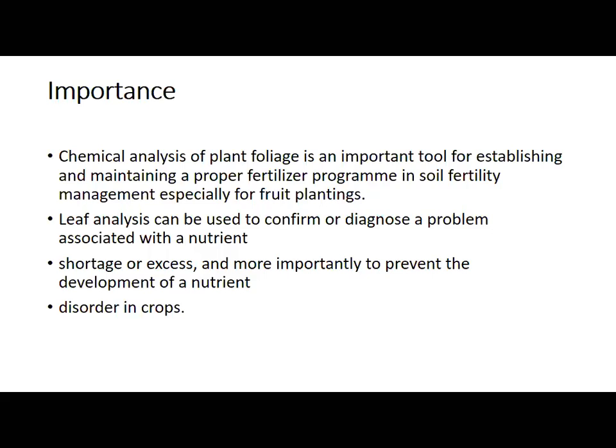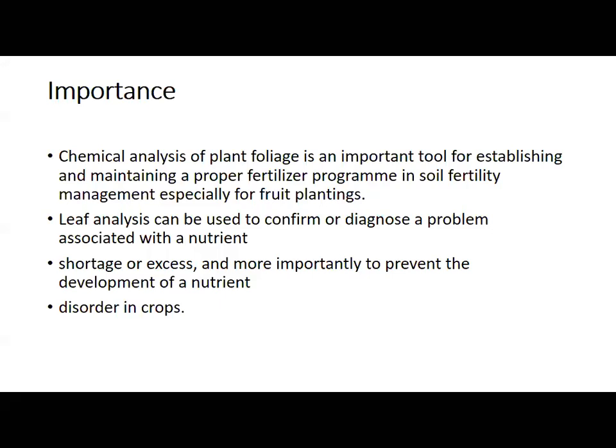Another disorder occurs in cauliflower, called whiptail disorder of cauliflower. It is due to deficiency of molybdenum.